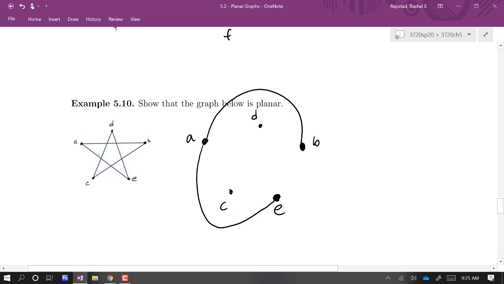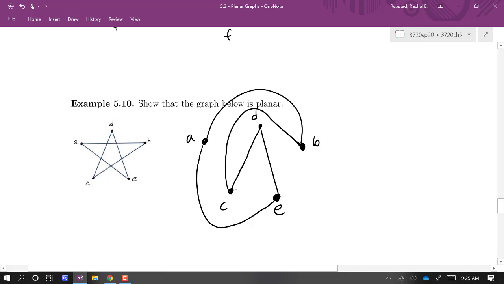I need to get from D to C and from D to E. And then I need to get from C to B, which I guess I'll just go this way. So it looks a little wonky, but look, we could do it.